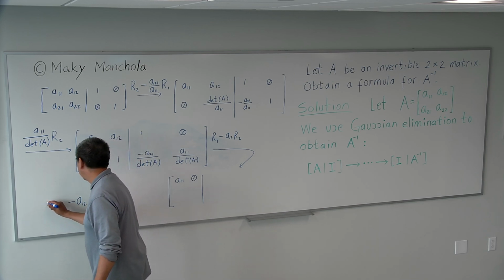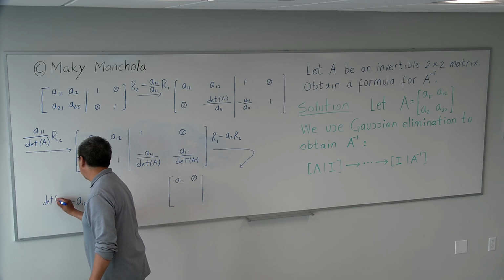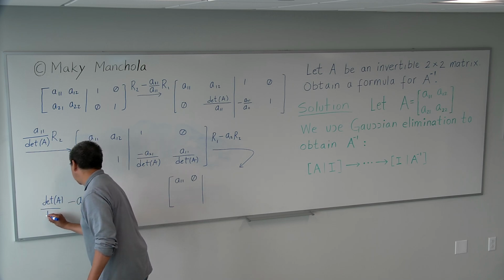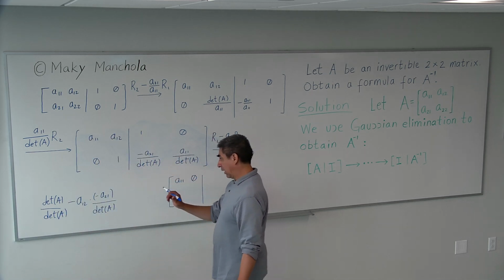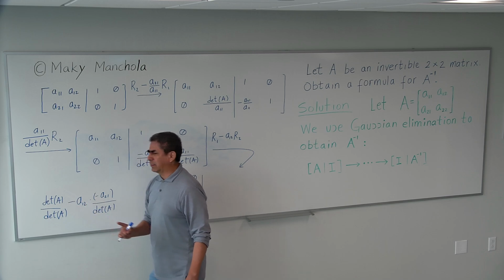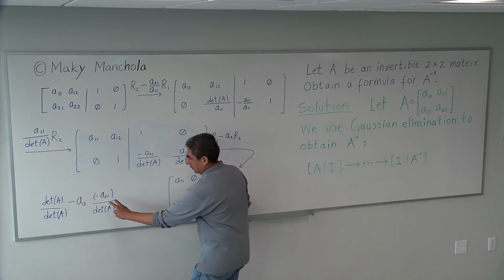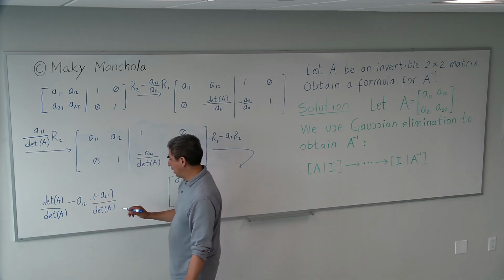So we get determinant of A over determinant of A. Let me write determinant of A explicitly because I see some cancellation.